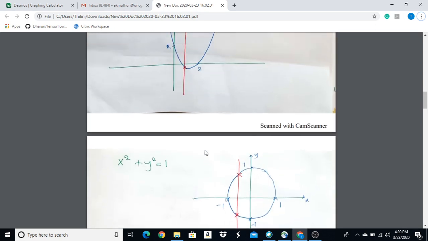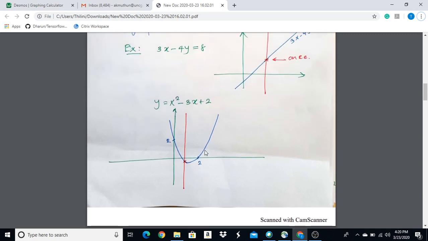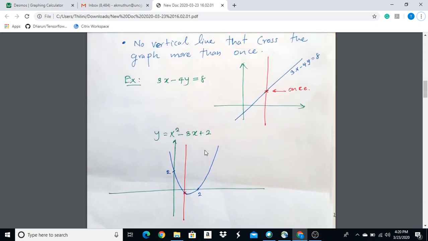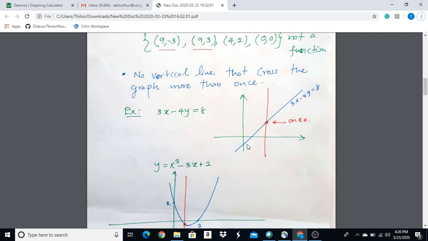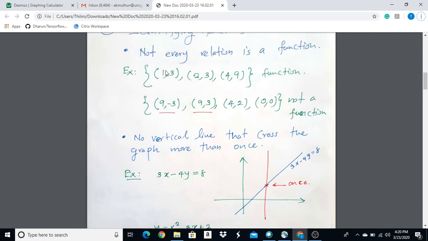Likewise, this is an easy way to identify whether a given equation is a function or not, just by looking at the graph. Or if you have a relation like this, you can check all the ordered pairs and see whether you can get the same first coordinate with two different second coordinates, and in this case it is not a function.